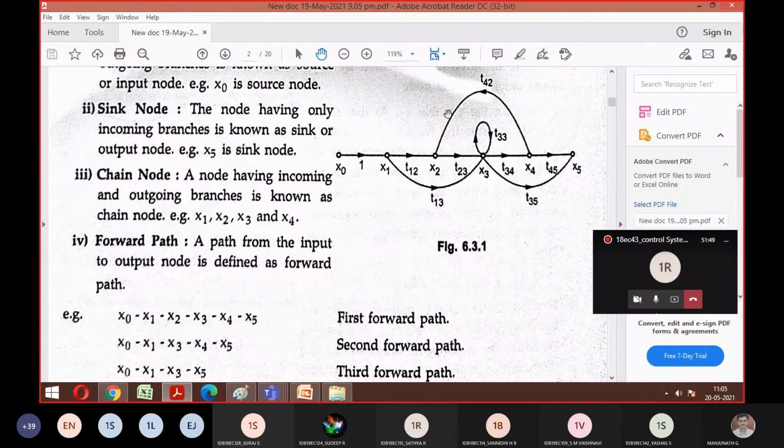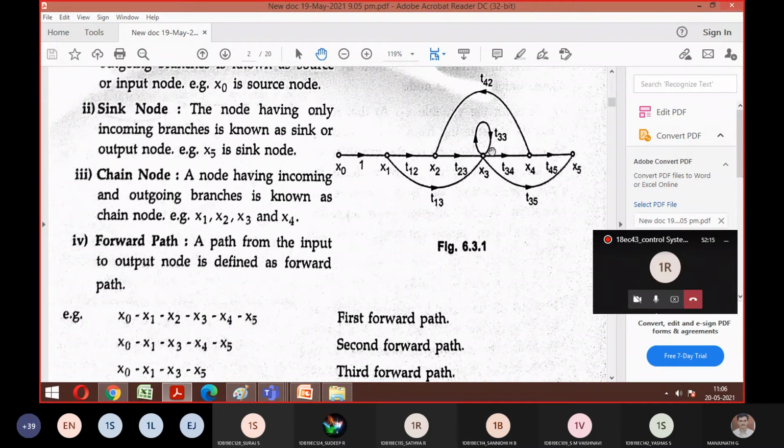Inside this feedback loop, can you tell me how many self loops you have? Is this junction called a self loop? What am I tracing? Your T33. T33 is called a self loop. Yes or no? Yes, sir.